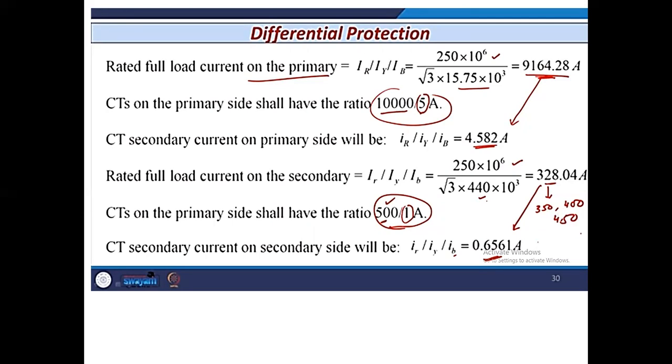If I transfer this current to the secondary side using the CT ratio, the current will be 0.6561 ampere by selecting a 500 by 1 ampere CT. So 328.04 multiplied by 1 divided by 500 becomes 0.656 ampere. This is the CT secondary current on the secondary side.